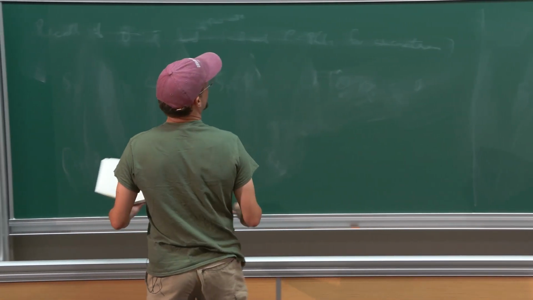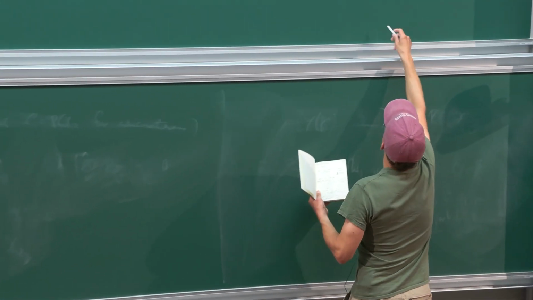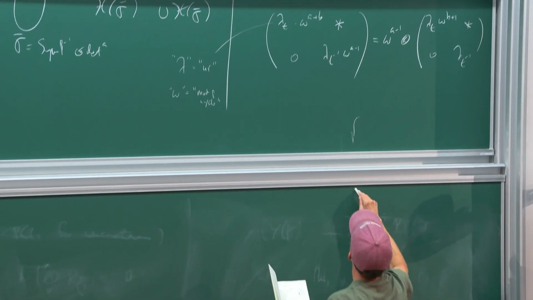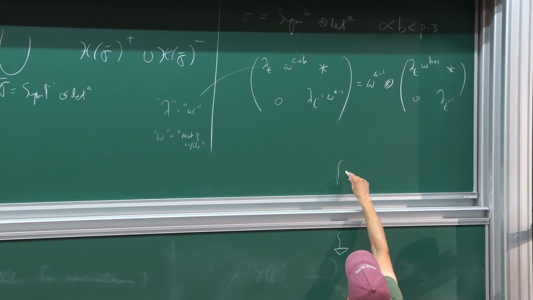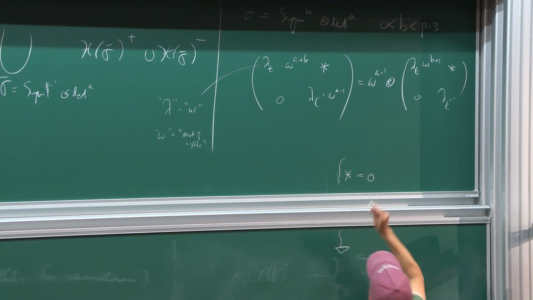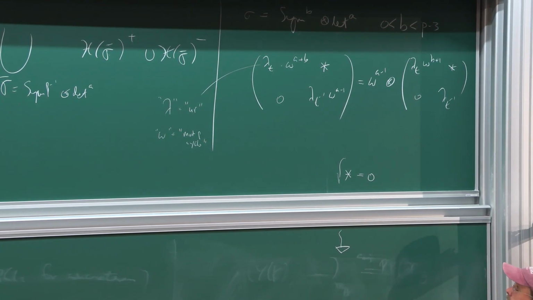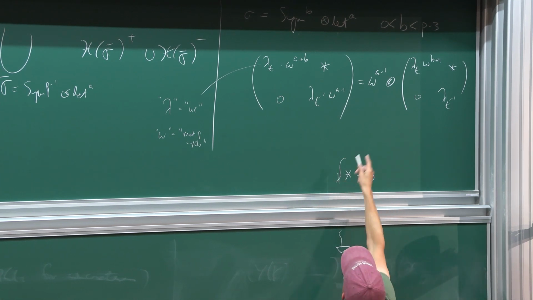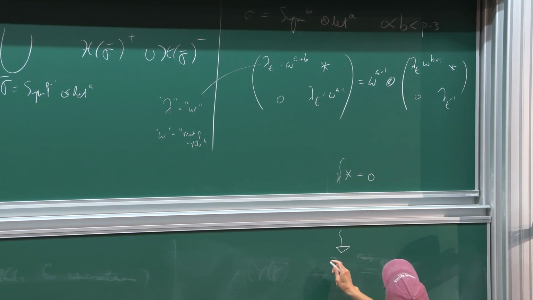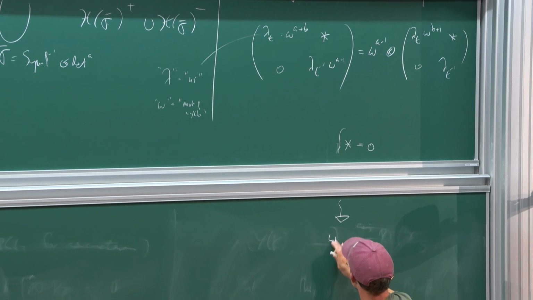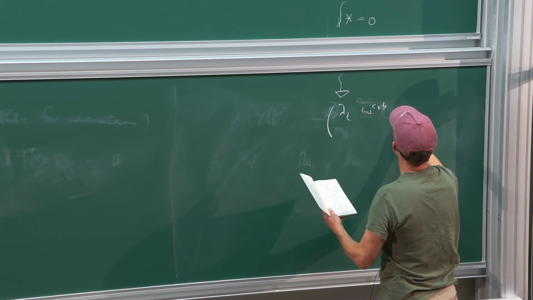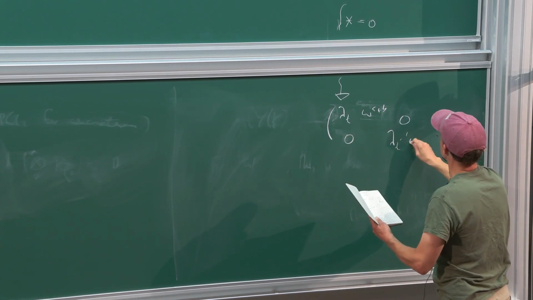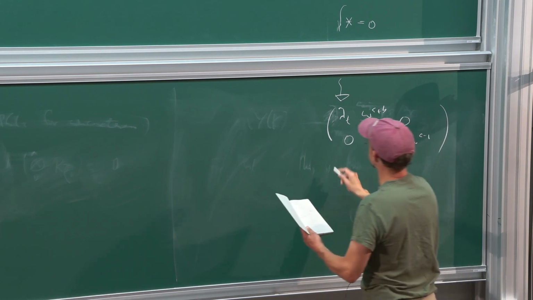But what I first of all wanted to talk about is this wiggly arrow that goes down the board. What this wiggly arrow is doing is a specialization where we specialize star to 0. So the wiggly arrow starts with the family, and then we specialize star to 0, and we get lambda t omega^(a+b), star equals 0, lambda t inverse omega to the a minus 1.